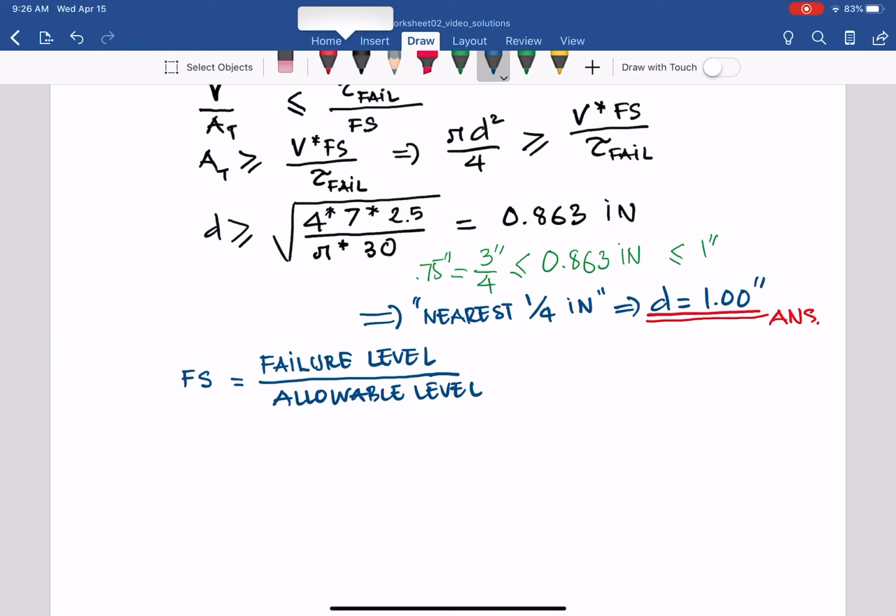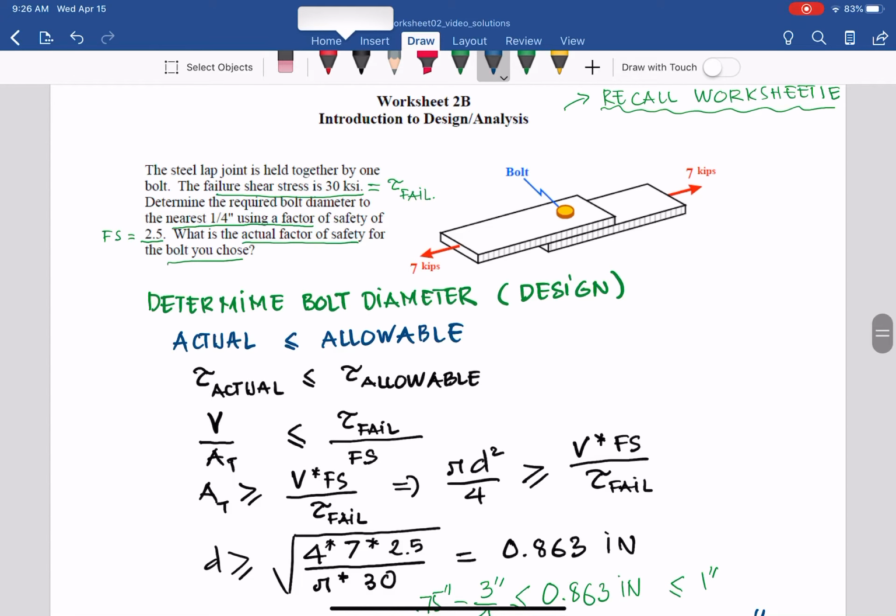In this case, we want to check the actual factor of safety. So we put the allowable level equal to the actual, because we want to find the actual factor of safety.